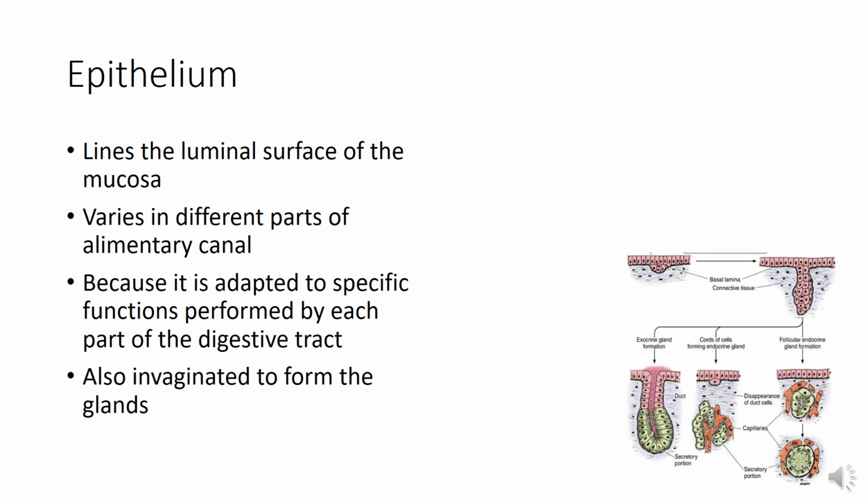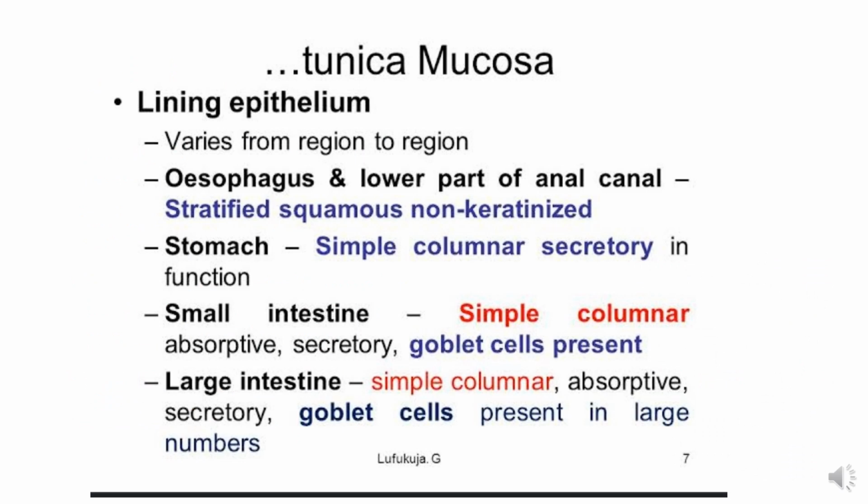But when we need to secrete something or to absorb something, the epithelium changes to simple, that is simple columnar or simple cuboidal. Also, this epithelium invaginates to form the exocrine glands in the wall of the GI tract. So the epithelium varies from region to region.